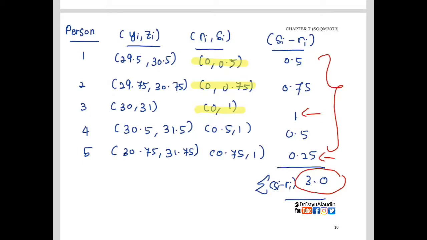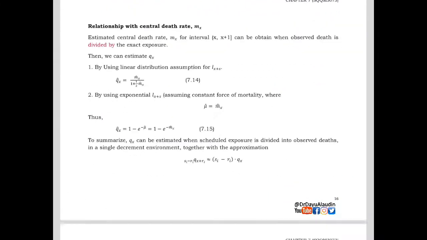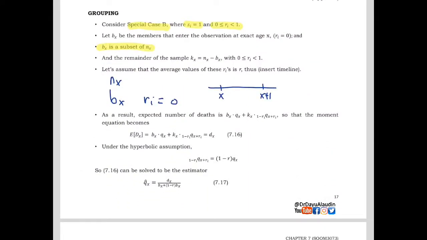So the Bx for example 1 is equal to 3. So Nx, the total contributing, is 5 in example 1. So Kx is Nx minus Bx, which is 2.